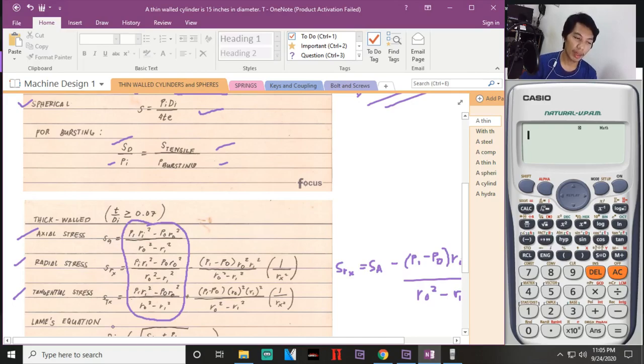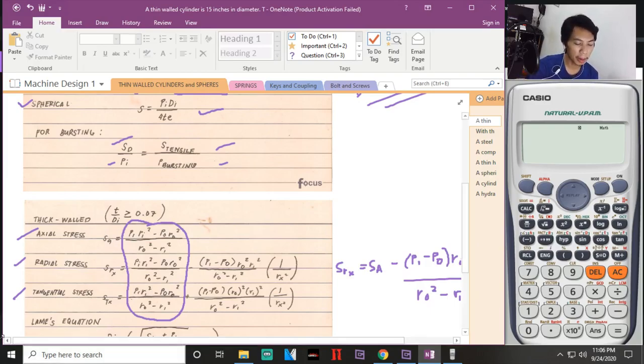Ngayon naman, pag radial, minus yan. Tandaan ko sa radial, Pi Po Ri Ro over Ro. Tangential, Pi Po Ri Ro over Ro. Parehong square dyan. Multiply ko na lang yung labas nila if either that is outside or inside, malalaman mo na lang yun sa problem.